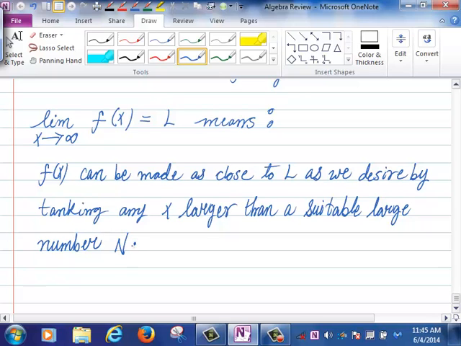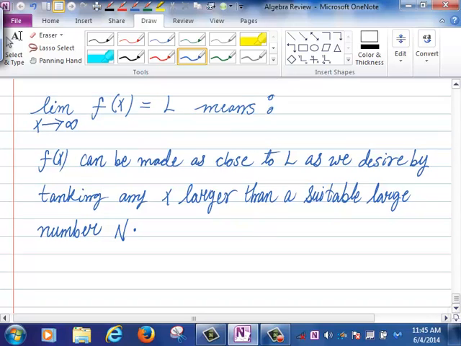Okay, so let me explain to you what it means here. Let's say this represents the range of f and this represents the domain of f. What we are saying is the following.